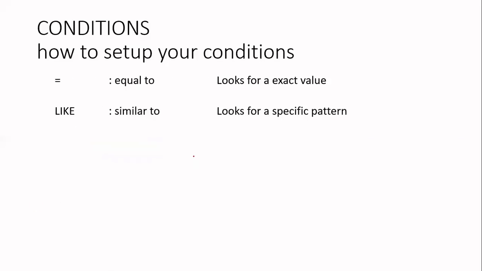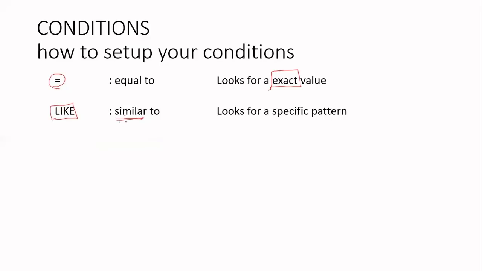Another operator that's worth looking at is the like operator. We know that when we use equal to, we are looking for an exact match. That's how the equal to operator works. But sometimes we may not want an exact match. We want something that is similar.